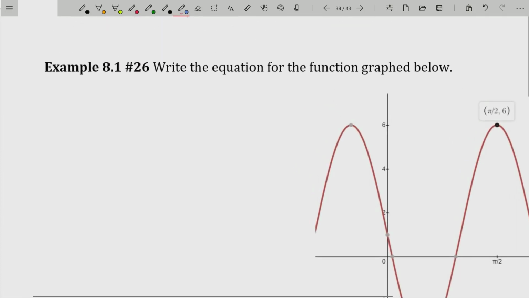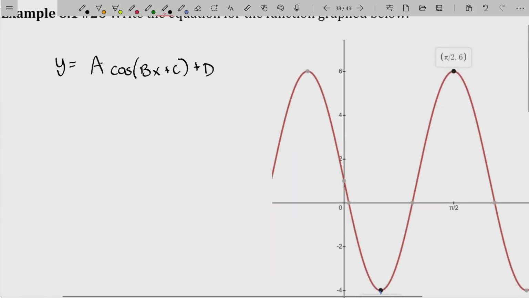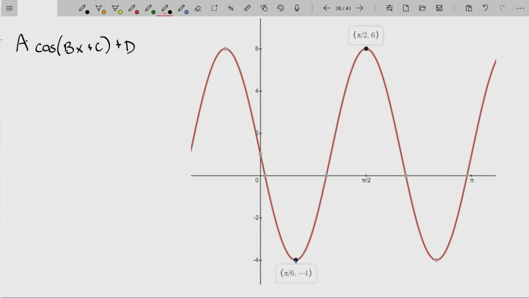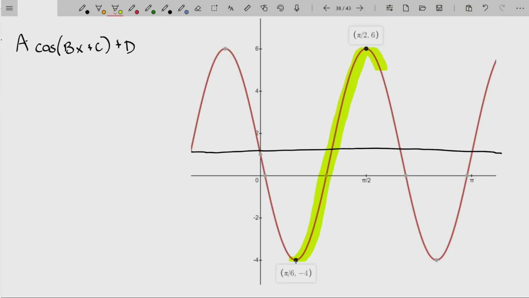So I'm going to say y equals A times a cosine of bx plus c plus d, and we'll go in alphabetical order here. Before we start with the A, let me mention, if it's a cosine curve and we're considering it to look like this, first of all, it has been shifted, but that's not what I'm talking about here.